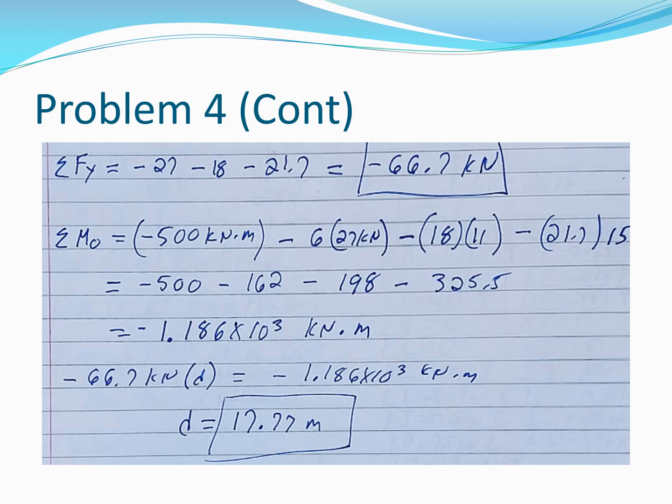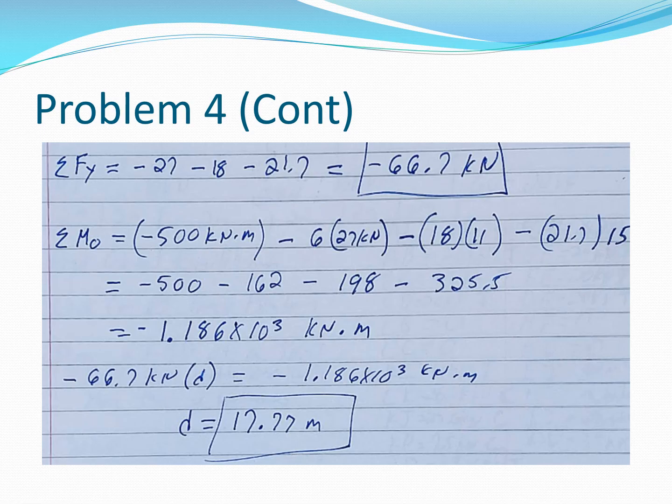Then remember that force times distance equals moment. The Y piece is the force, the free moment is the moment there, and I can solve for the distance, which comes out to 17.77, which interestingly enough is off the beam.